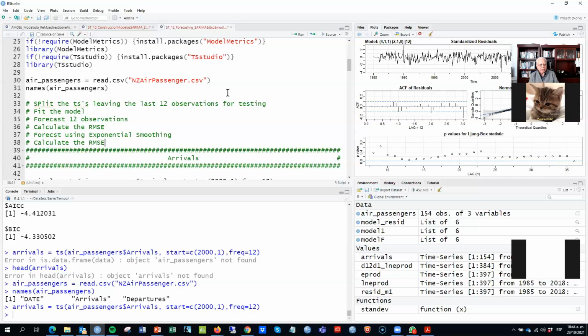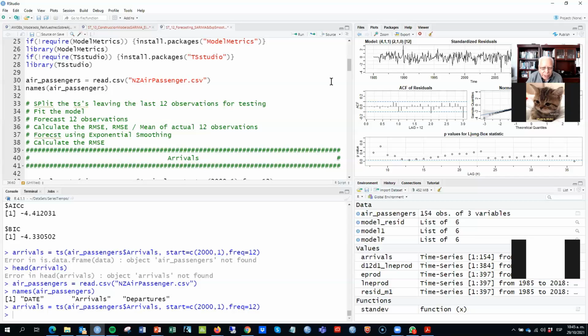Again, it's better to calculate the RMSE and also the RMSE divided by the mean of the actual last 12 observations that we are going to forecast in both cases. Okay, pick those two series and do the analysis. The first one, you'll be able to find the model right away, but the second one is going to be a little bit more difficult.